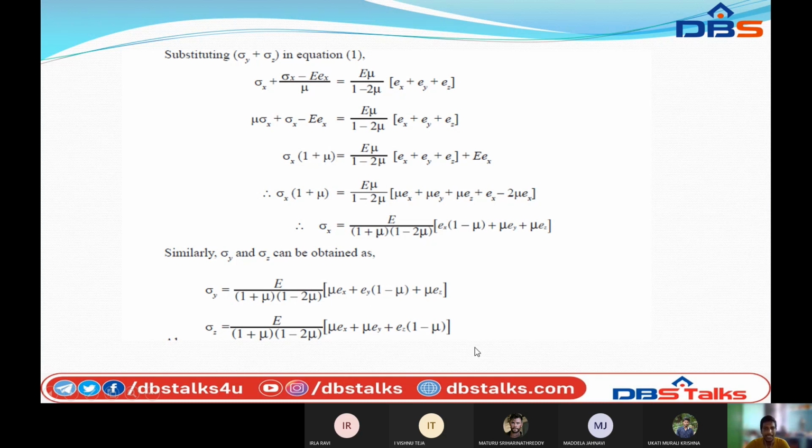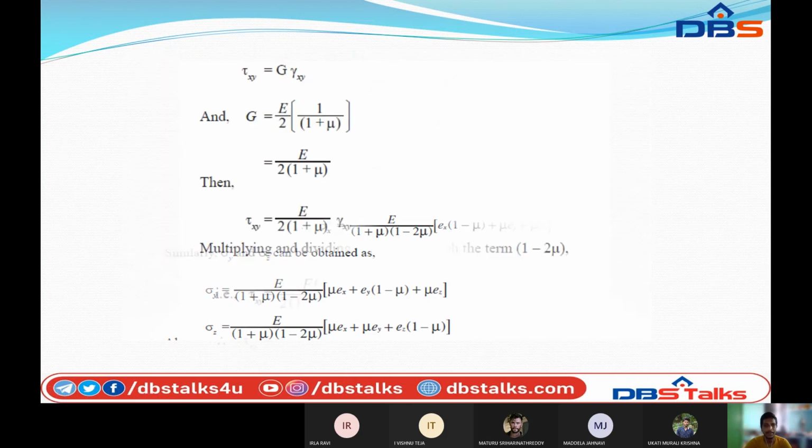Similarly, in the z direction the deformation occurs only in z, Ez into 1 minus mu. X direction comes first, y direction in the middle, z direction last. These are the stress equations, sigma x, sigma y, sigma z.